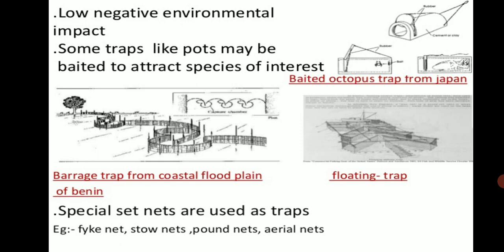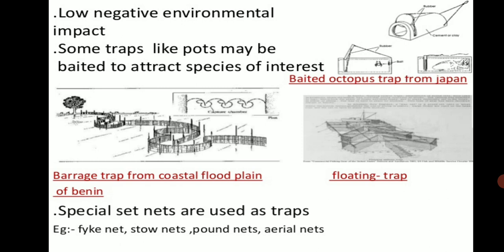They have low negative environmental impact. Some traps, like pots, may be baited to attract the species of interest. Wild octopus trap from Japan. Floating trap. Bent trap from the coastal floating plant.